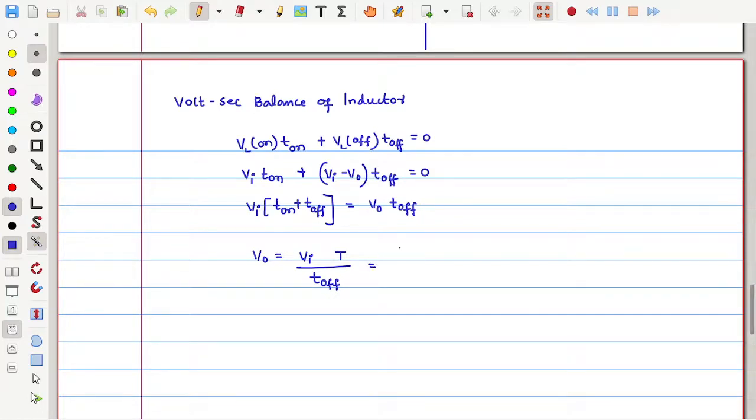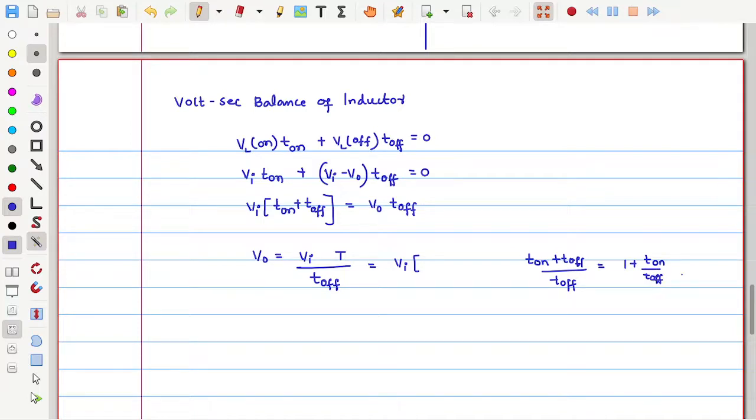So this can be written further as Vi into T, and T can be written in terms of T off. Let me try whether I get it properly. T on plus T off by T off is equal to 1 plus T on by T off.